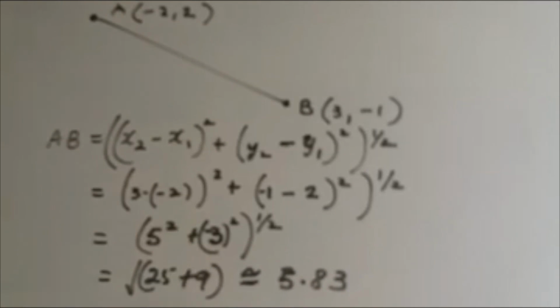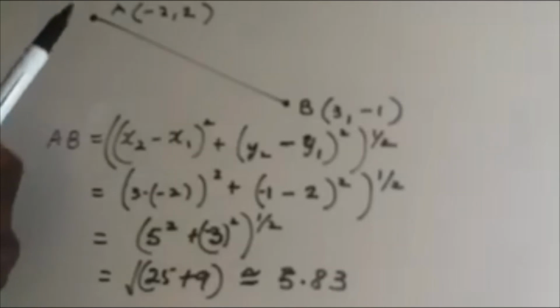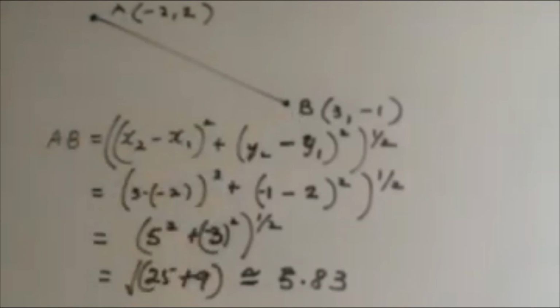So the length of the line joining A to B is 5.83 of whatever unit it's measured in.